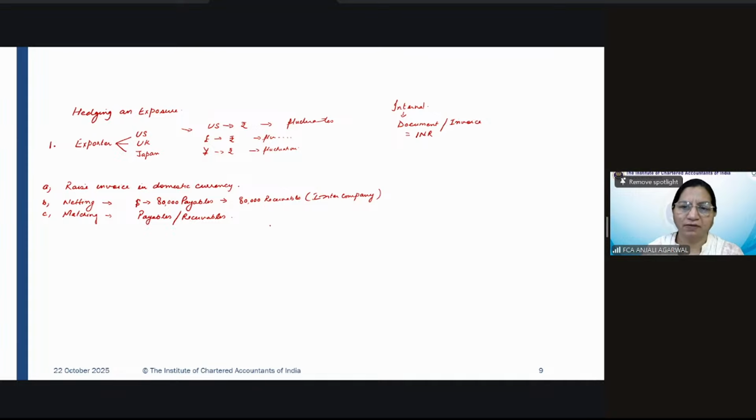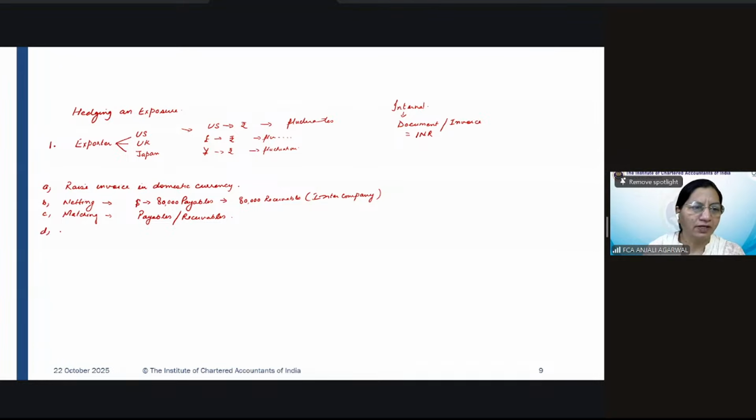If I have exactly $1,000 to receive and $1,000 to pay, then even if the exchange rate fluctuates from 80 to 20, it doesn't make any impact on me. Whatever dollars I have as payables are the same as receivables. So whether the dollar is 20 rupees per dollar or 80 or 120, it will not make an impact on me.